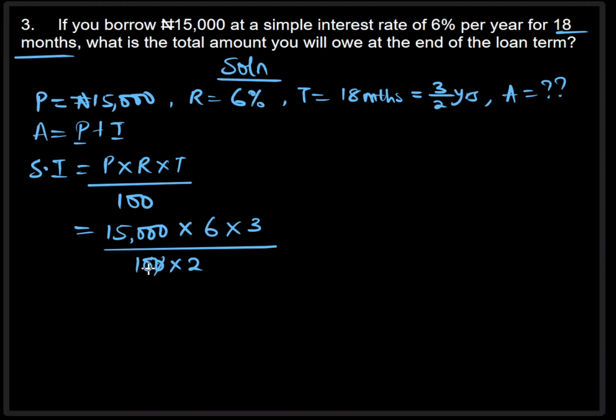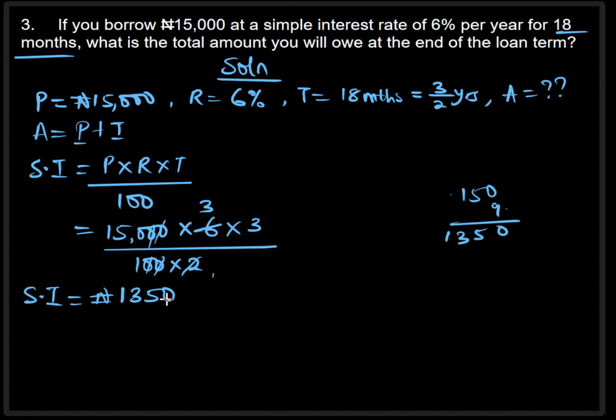Right, so the zeros cancel, 2 into 6 will give us 3, and then that will give us 150 times 9. 150 times 9 gives 1350. Right, so our simple interest is equal to 1350 naira. So that becomes our simple interest, and then we can proceed to find our amount.